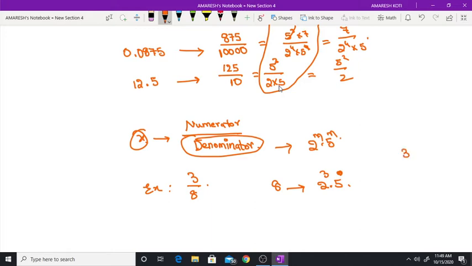Let's check whether this decimal terminates or not. 3 divided by 8: 0.30, 8 threes are 24, gives you 6, 60, 8 sevens are 56, gives 4, 40, 8 fives are 40.